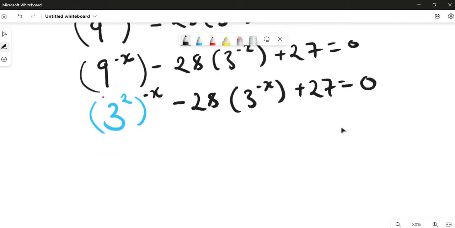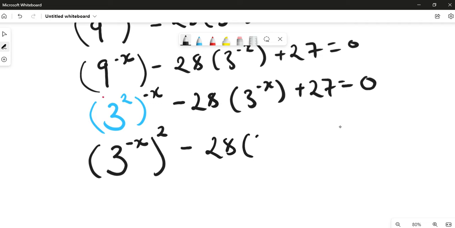Now if you notice, 3 to the power 2 times the power of negative x can be written as 3 to the power negative x, squared, minus 28, 3 to the power negative x plus 27 equals 0.